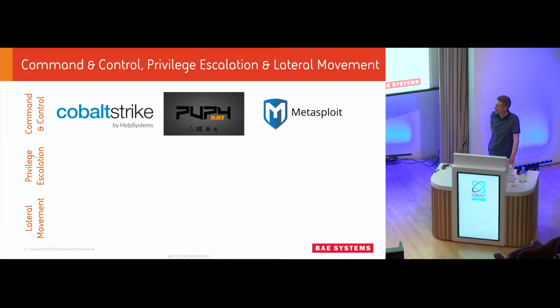It's getting better in terms of detection on AV, so it's maybe a little bit harder for attackers to get away with now. But there's other tools like Brute Ratel and Nighthawk, which are better at bypassing AV. So it's probably only a matter of time before attackers start moving over to those tools. I've got a couple of other examples of command and control frameworks that are quite commonly used.